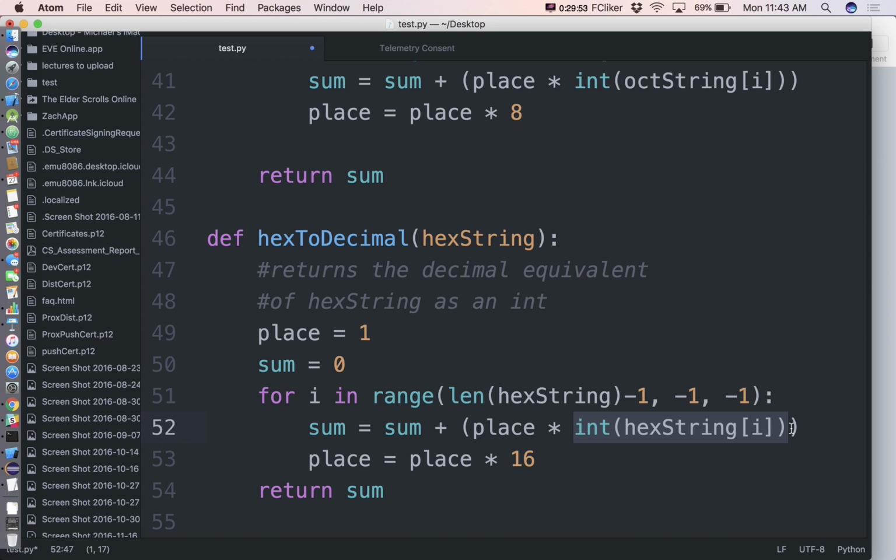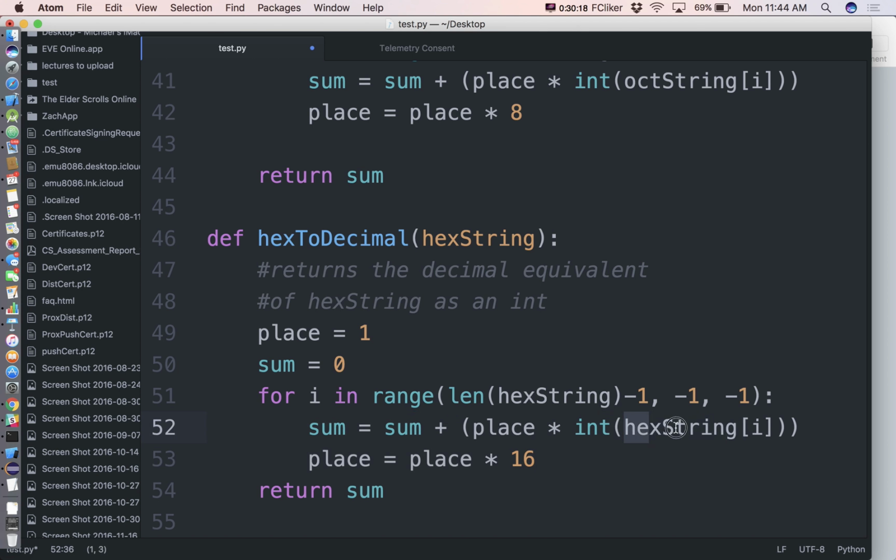An A is not going to convert into a 10 like we'd like it to. It'll convert into the Unicode version of a capital A, which is, what is that, 30-something. But whatever, not the 10. It's going to be a number much larger than 10.